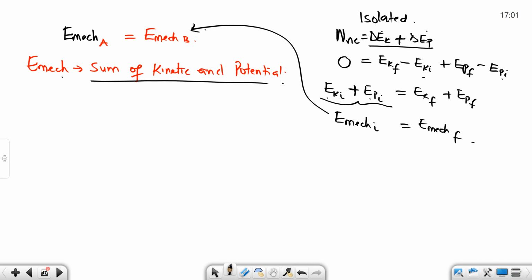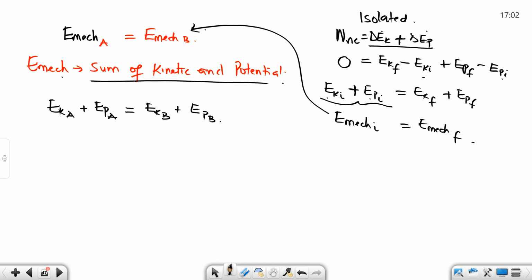Sum of kinetic and potential. So we can break this down to say kinetic energy at A plus potential energy at A equals kinetic energy at B plus potential energy at B. Please remember, once you remember the main formulas, life becomes a lot easier.